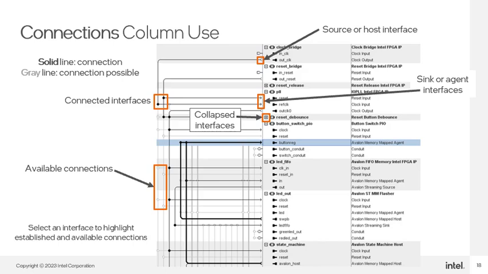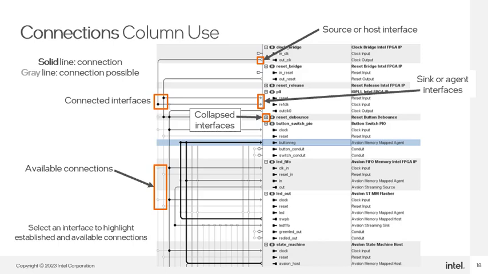An arrow pointing away from an interface indicates that it is a host, clock output, reset output, source, or sender interface. Clicking to select one of these interfaces highlights the connection lines from the interface. Black lines indicate a connection to another interface, while gray lines indicate a possible connection.